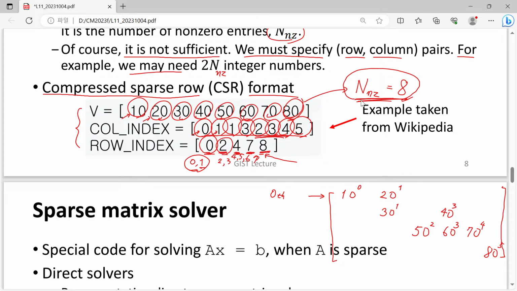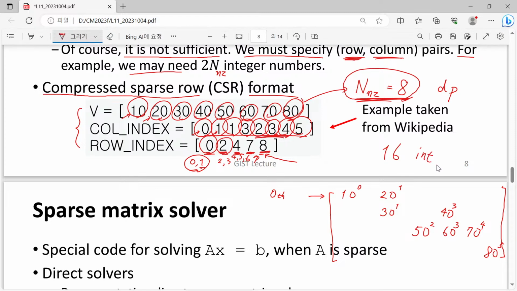The number of non-zero elements is 8, and of course we spend 8 double precision numbers. If we use row and column pairs, we must spend 16 integer numbers to specify this. But how many were spent in this case?